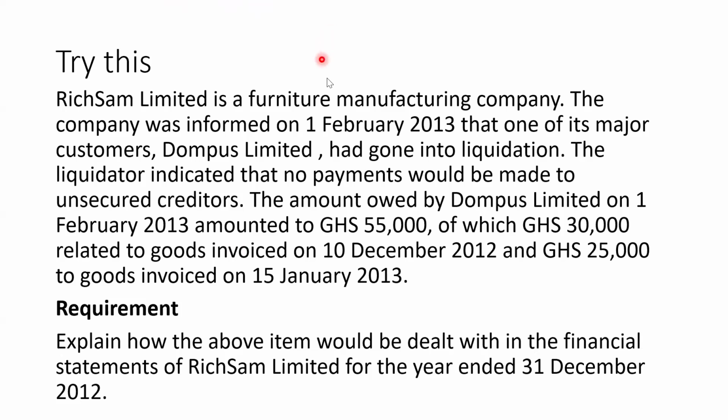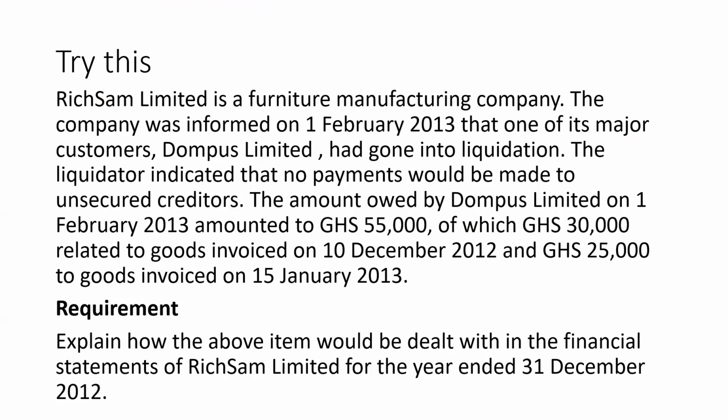Richsam Limited is a furniture manufacturing company. The company was informed on 1st February 2013 that one of its major customers, Dumpus Limited, had gone into liquidation. The liquidator indicated that no payments would be made to unsecured creditors.